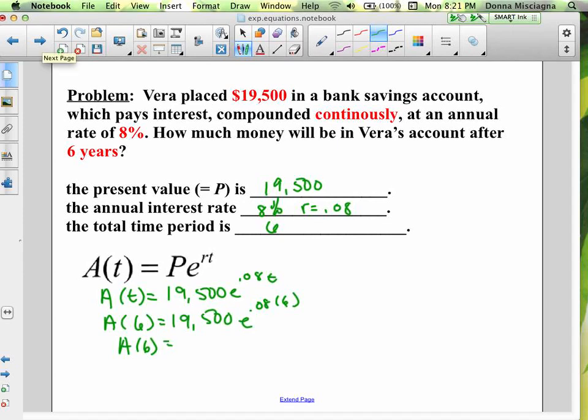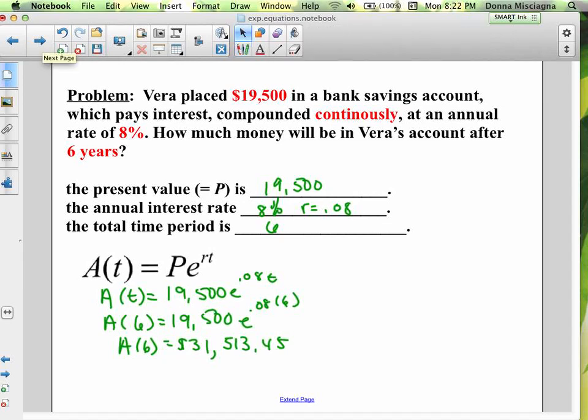Second, e to the 0.08 times 6, and we'll multiply that times 19,500. That's going to give us a grand total of $31,513.45. And that's pretty good because, again, the money did all the work and Vera did nothing. She has not doubled her money, but increased it by quite a bit.